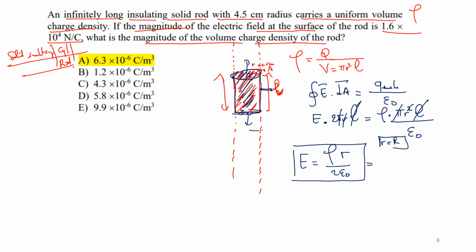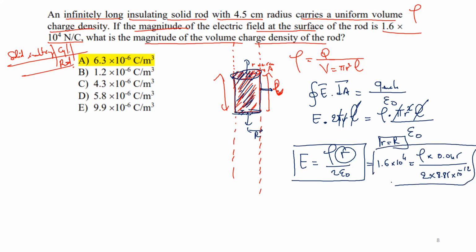By capital R, I mean the radius of the cylinder, which is 4.5 centimeters. So E is 1.6 × 10^4. I don't know rho. I know R. R is 0.045 meters. Epsilon naught is 8.85 × 10^-12. So my only unknown is rho.